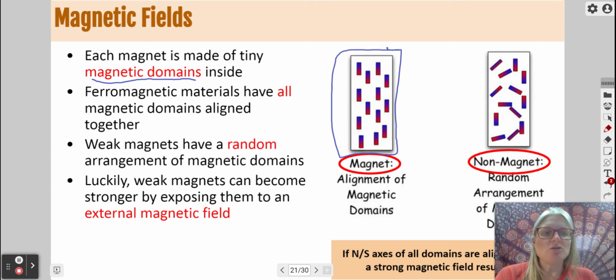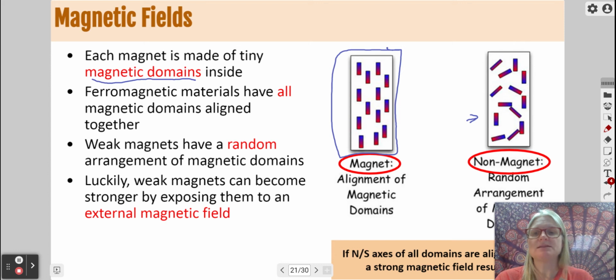But you can have all these little magnetic domains random and not lined up, and that would be a non-magnetic object. Your towel that you dry yourself off with would not be magnetic, because all of the magnetic domains inside of that material are not lined up, so they're random.